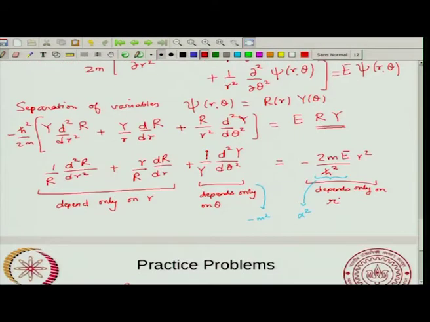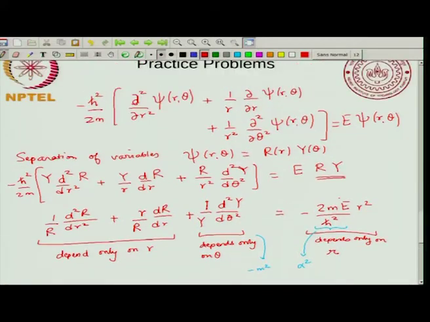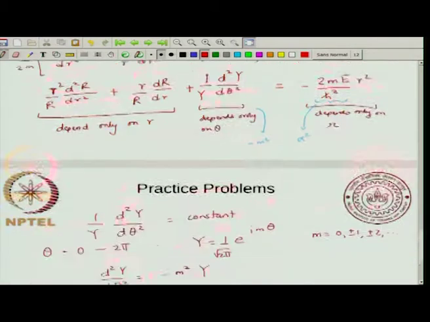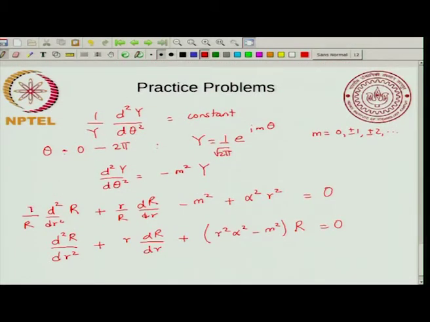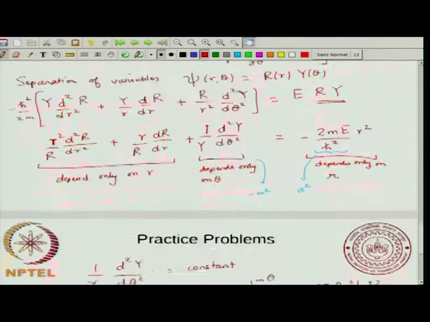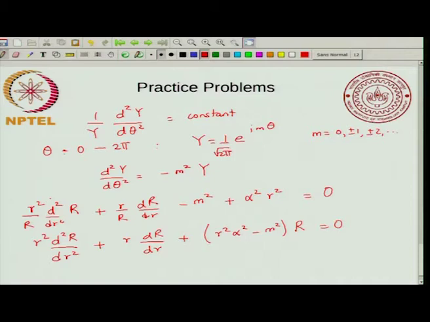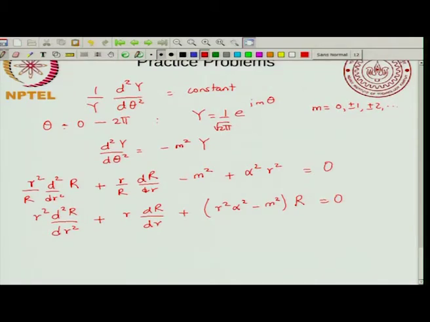Let me just check once again to make sure I got all the factors. When I multiply by r square, there should be an r square here. I had forgotten to write that, but now we can see that once we put that in, you get this exactly like the standard form.